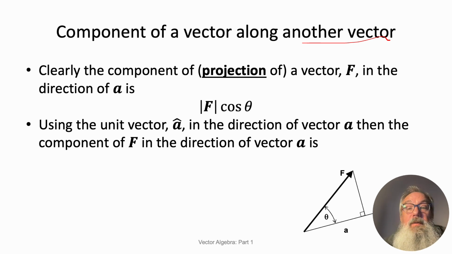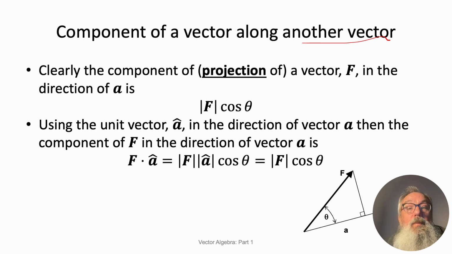Using the unit vector along A, remember we write the unit vector with a hat, that's a unit vector in the direction of A, then we can write F dot A hat is the magnitude of F times the magnitude of A hat times cos theta, which is the same as F cos theta, what we wanted to start with.